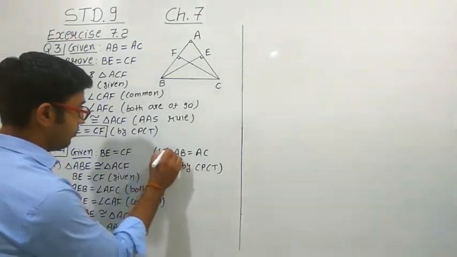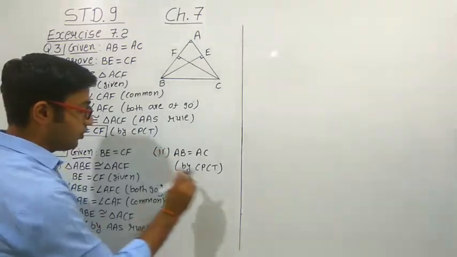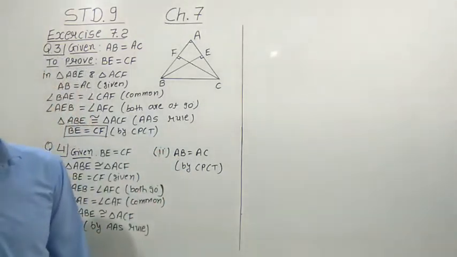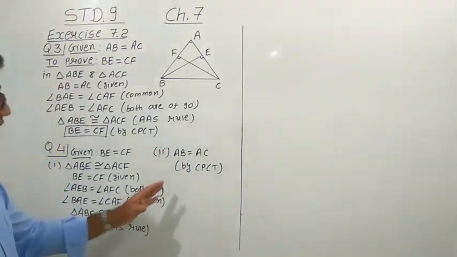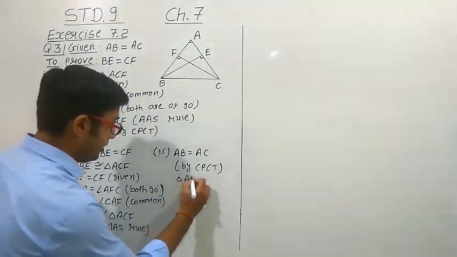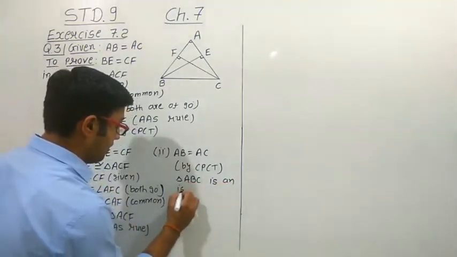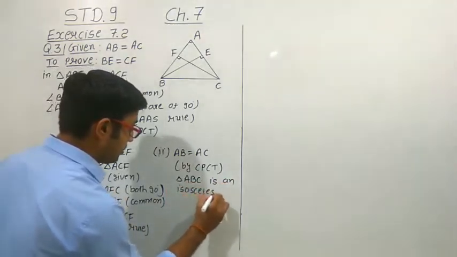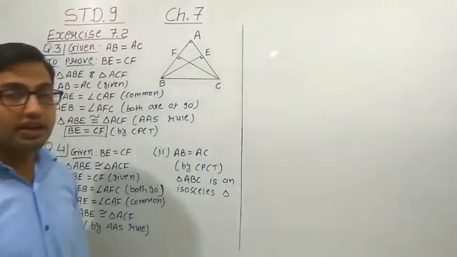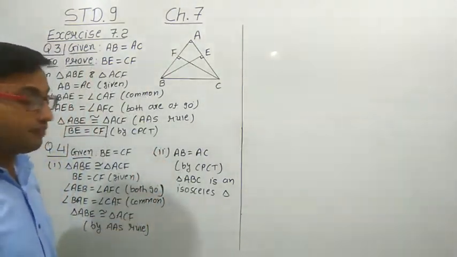The second thing we have to prove is that AB is equal to AC, which we can write down according to the CPCT. Now as in this triangle two sides are equal, we can say that the triangle ABC is an isosceles triangle, right? So both these conditions we can prove here.